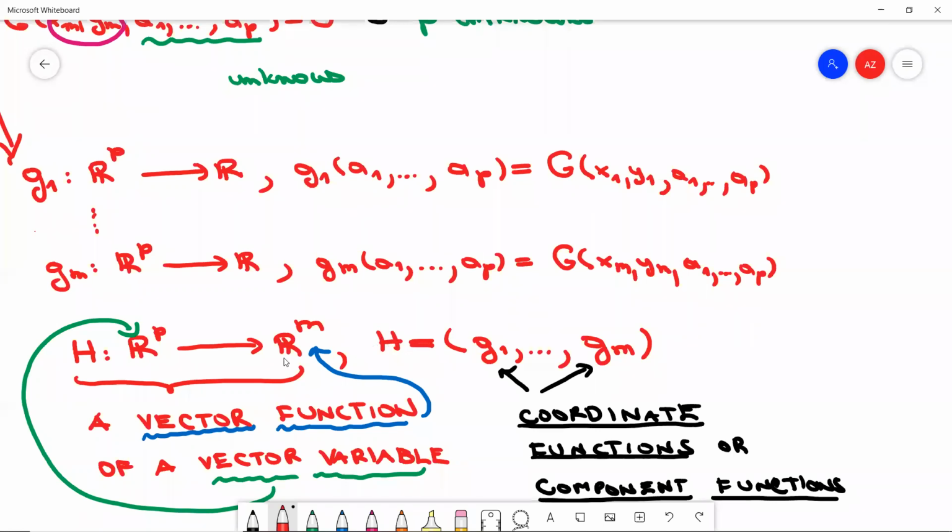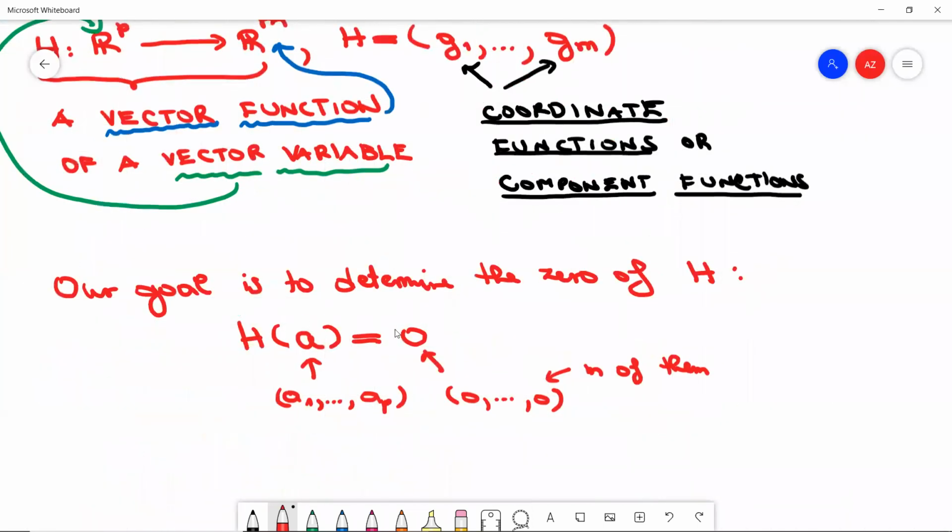And now this h is really a function from p-tuples into m-tuples. So p-tuples are parameters, m-tuples correspond to each of the data points, so each of the conditions, each of the constraints. And the construction shows us that we are searching for the zero of h, for the vector zero of h.